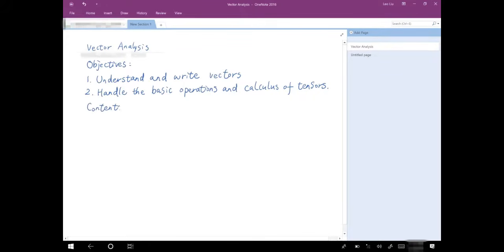Then for contents. First, let's try to understand tensors based on our knowledge of scalars. Vectors.